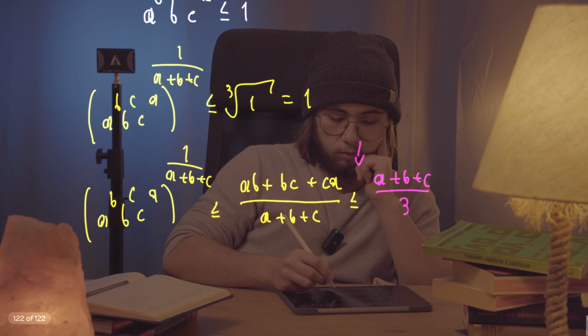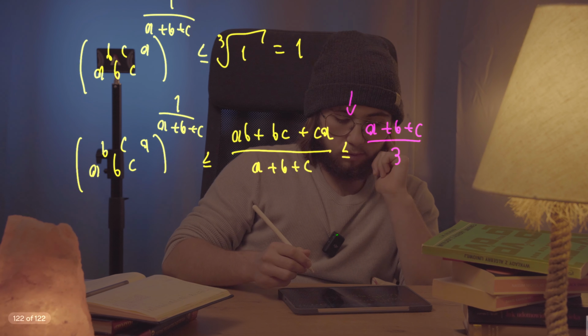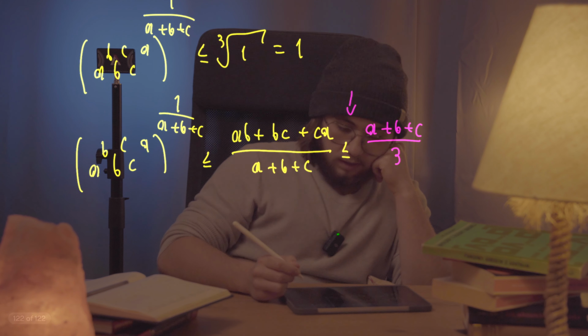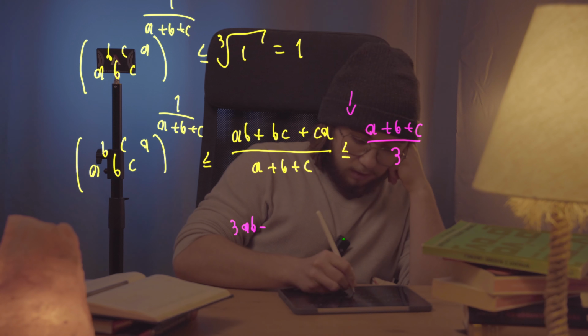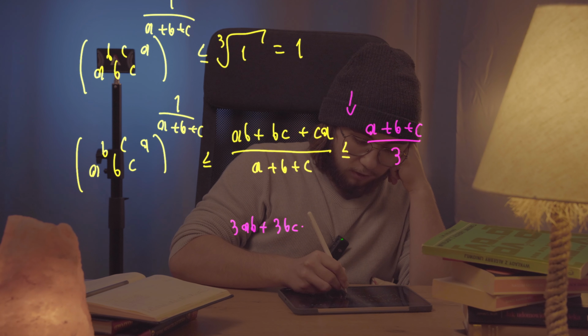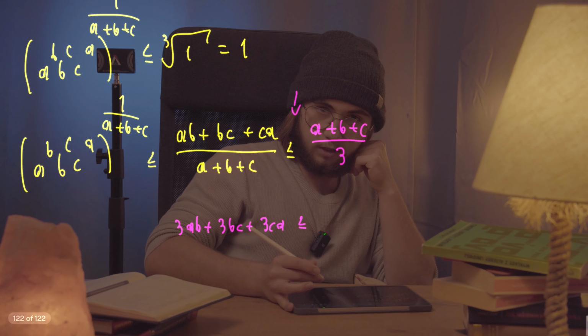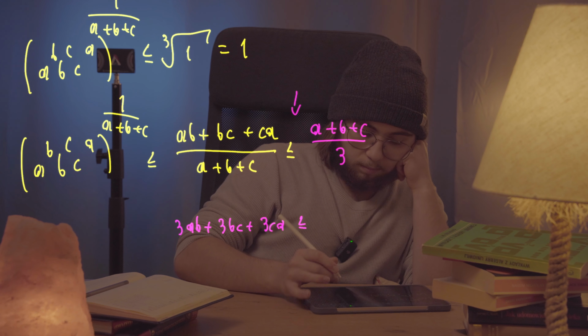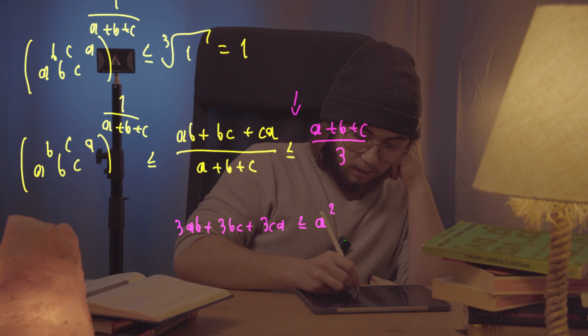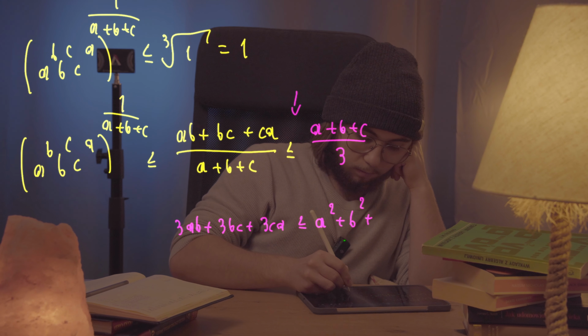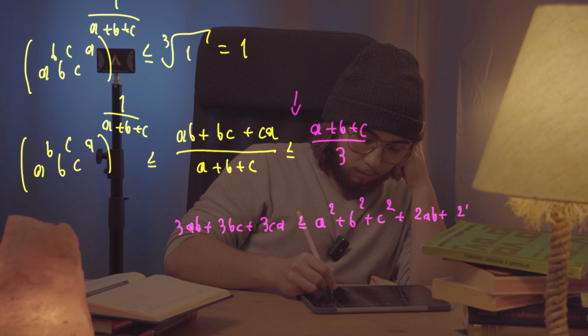I mean, just go on and multiply out both sides of this inequality, and what you're going to end up with is 3ab plus 3bc plus 3ca on the left hand side. On the right hand side is going to be (a plus b plus c) all squared, but (a plus b plus c) squared is just going to be a squared plus b squared plus c squared plus double ab plus double bc plus double ca.